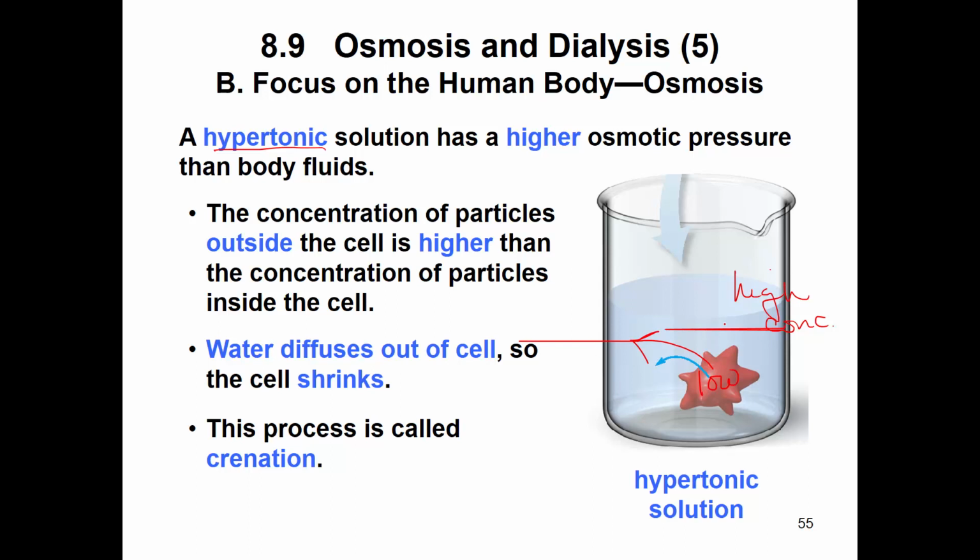This is a really dangerous thing because this is a whole lot bigger amount of solution than what's inside this little red blood cell. It's going to keep on pumping its water out and start to shrink, and this is called crenation. If it shrinks enough, it sticks together and it no longer functions, so it can no longer carry your oxygen and everything.